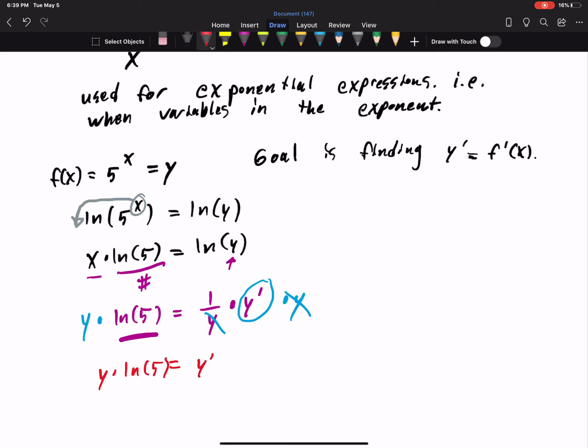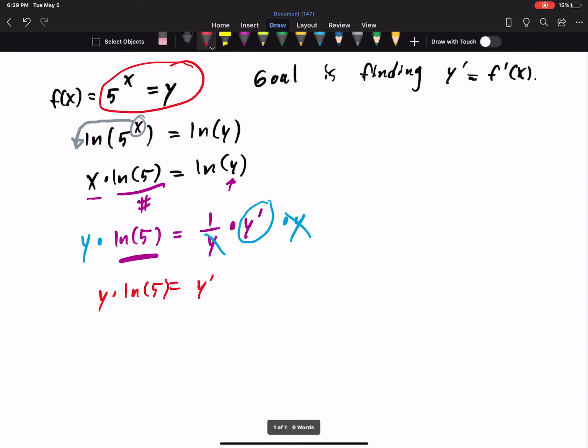Okay, so we have y prime by itself, but it's not really helpful because we have a y on the left-hand side. We can replace that y, interestingly enough, with what we know y to be equal to. Since y is equal to 5 to the x, I can replace this y down here with 5 to the x. So I'll have 5 to the x times natural log of 5, and that's equal to y prime.